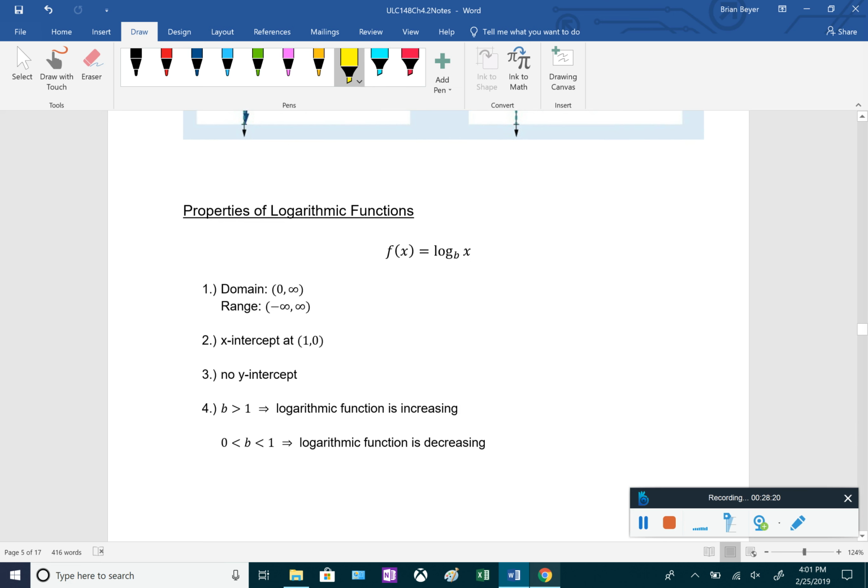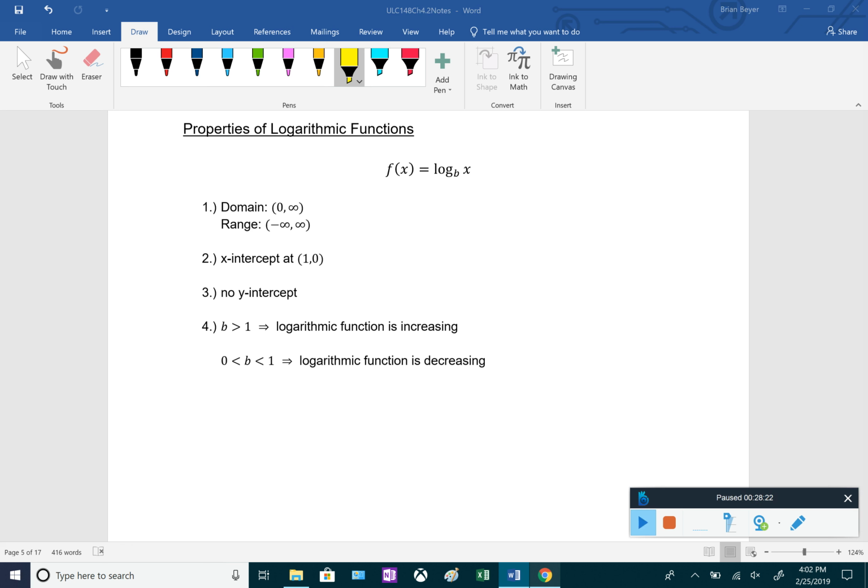So here are some of the important properties right here. If the logarithmic function is in the form f of x equals log base b of x, then all of these properties hold. The domain would be 0 to infinity, and the range would be negative infinity to infinity. So notice that this is the complete opposite of the exponential function. Once again, that's because they're inverses.